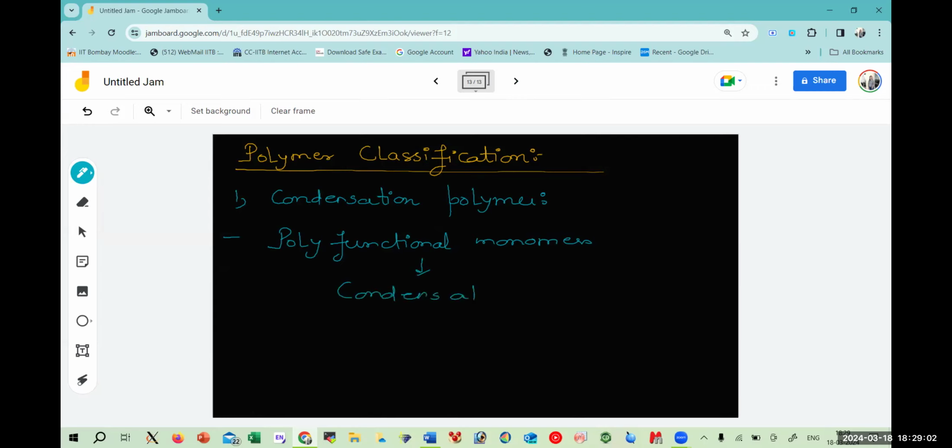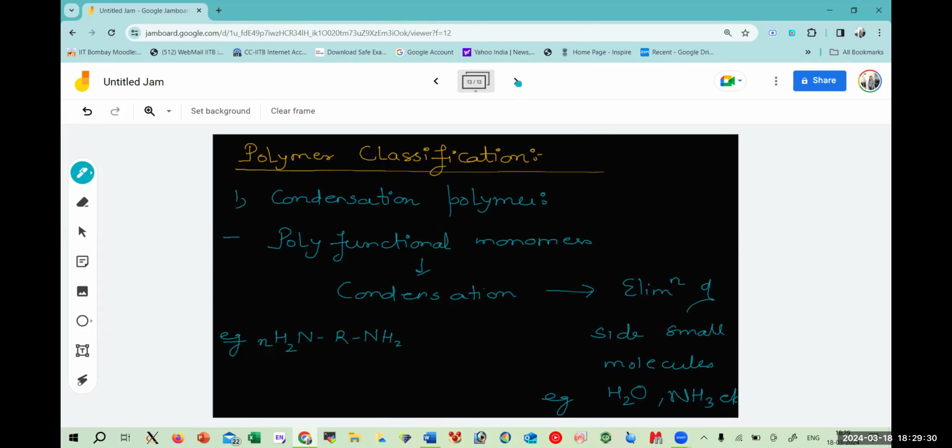And we know this reaction eliminates some small molecules, for example, water, ammonia, etc. The example that we have here is if I am starting with this amine chain, where R could be any number, and another I'm taking a carboxylic acid with any chain number, and after the condensation it will form H, NHR, NHCO.